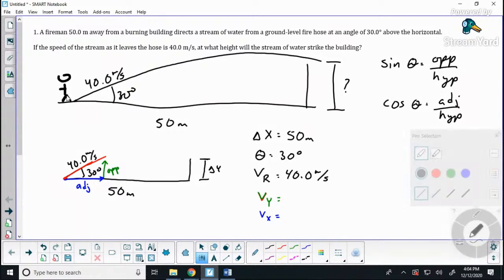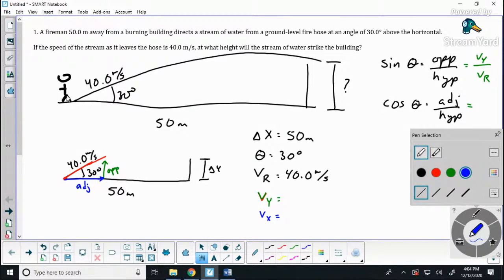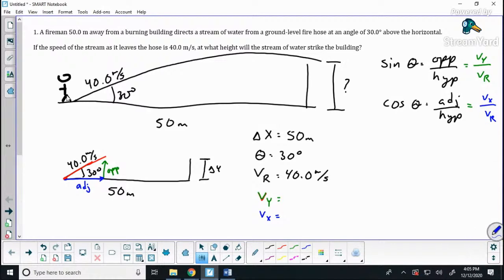So when I solve for my velocity in the y, my hypotenuse is that 40 meters per second, and my velocity in the y is the opposite. So I can rewrite this equation, velocity in y over the velocity of the resultant. Likewise, for my velocity in the x, my adjacent over the velocity of the resultant.